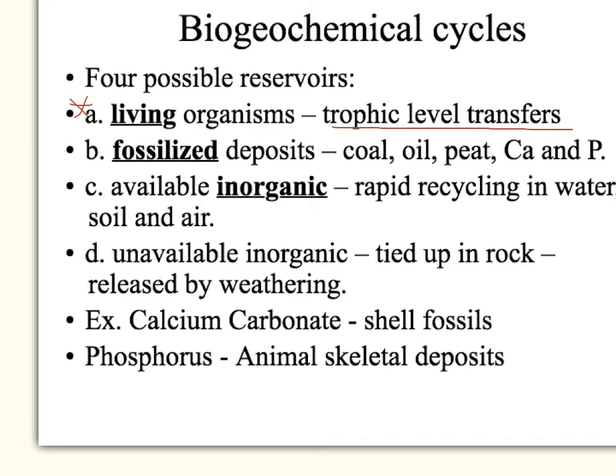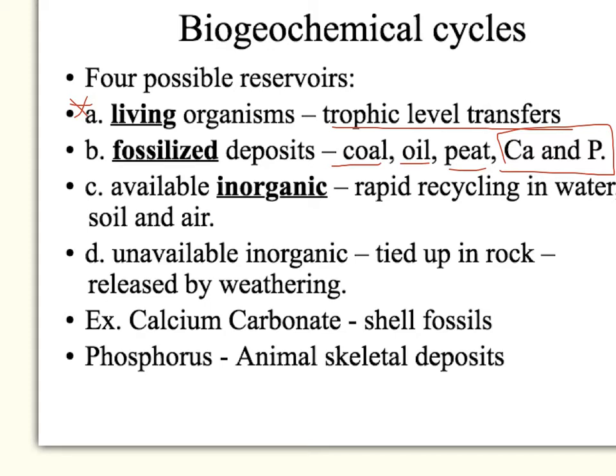Also, we have fossilized deposits, so when plants or animals die, they could turn into fossils, and we end up with coal, oil, peat. We can end up getting some calcium and phosphorus reserves, especially when we talk about large marine organisms dying and falling to the bottom of the ocean and whatnot.